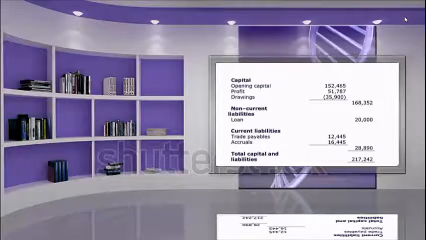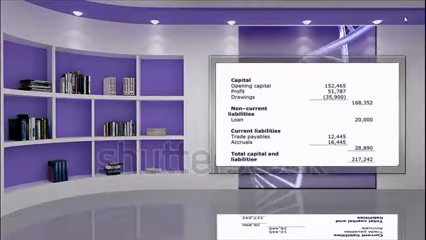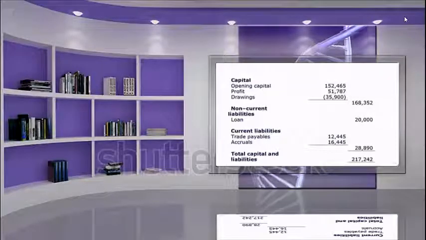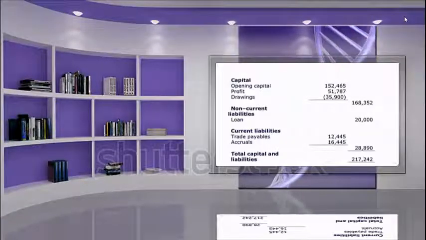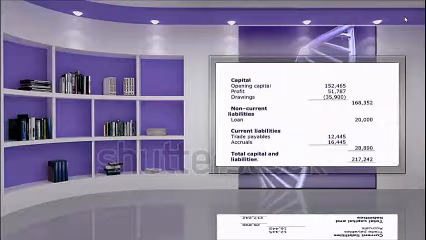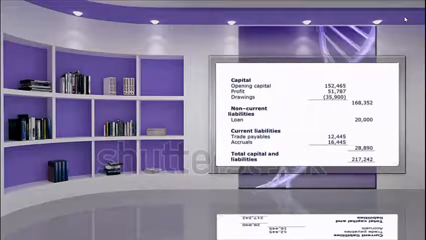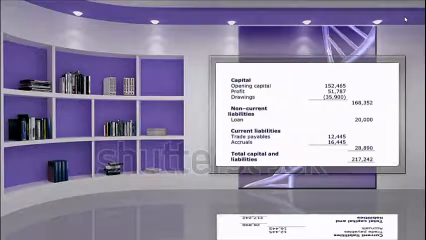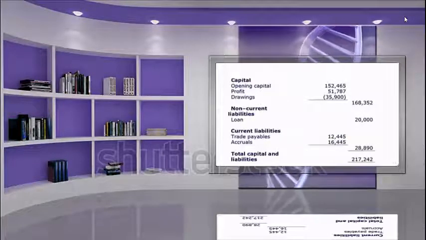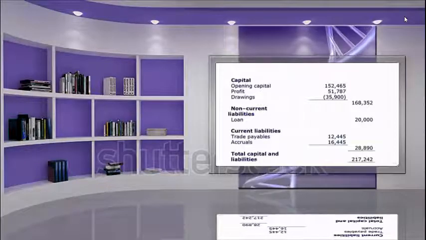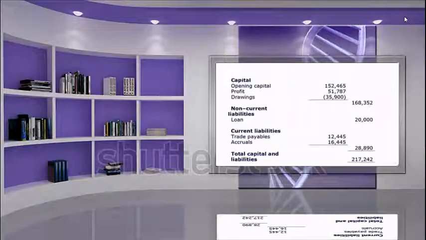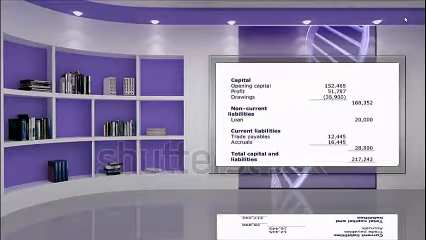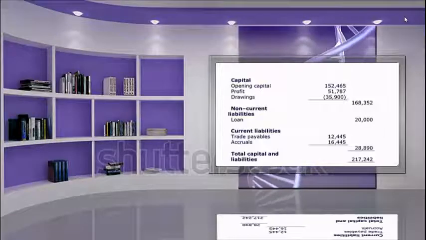The second half of our statement of financial position, we're going to start off with the heading capital. Now capital, as I've already mentioned, is the proprietor's funds, amounts invested in the business by its owner. Now ultimately that owner is going to want their money back, and they're going to want to take out money from the business. And usually that will be by way of them drawing money out of the business.